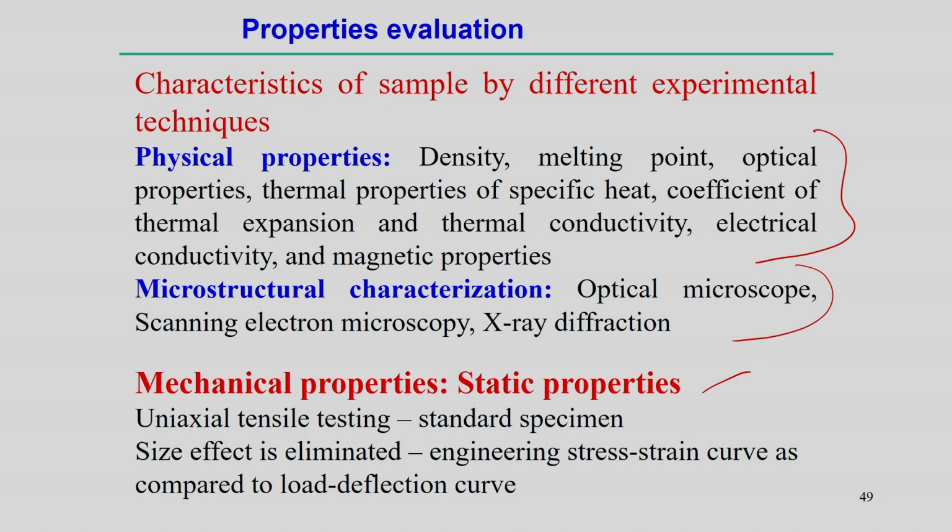For example, if we apply uniaxial tensile testing, there we use a standard size of specimen, according to the different standardization techniques, and of course the size effect matters. In uniaxial tensile testing of a sample, we can represent the load versus deflection data, but the size effect can be eliminated by using the load divided by the cross-sectional area of the sample, and the deformation with respect to the original length.